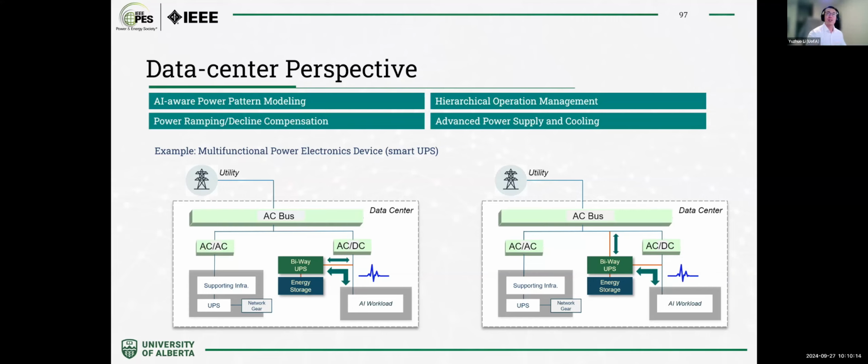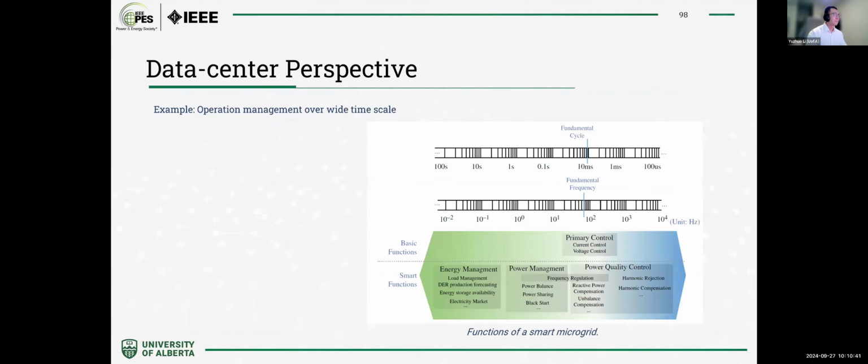Here is an example showing that if we integrate energy storage with the UPS, like hybrid energy storage with UPS, then we can use the UPS to absorb these dynamic transients, and the AI workload power transient will be compensated, and for the utility, the data center in general will look very constant.